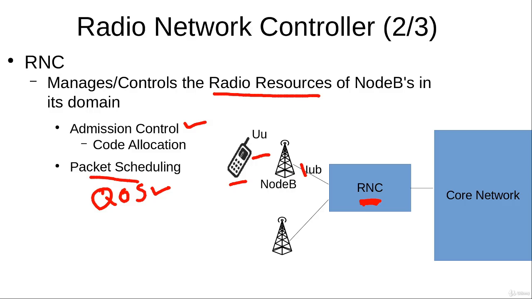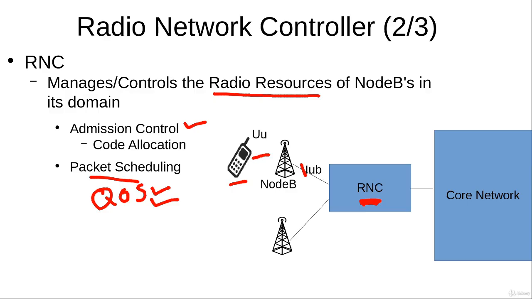And if this user equipment wants to download some file from the internet, in that case, the quality of service requirements are different, because in the case of a Skype call, the data rate is not that high, but there are some restrictions on how much delay there can be in the voice packets. But in the case of downloading a file, there is no restriction about the delay in the packets. Rather, the priority is to have the maximum download speed.